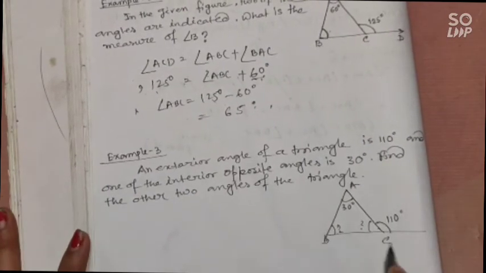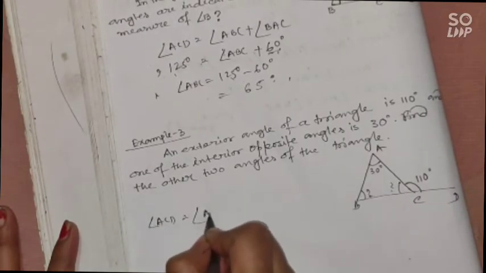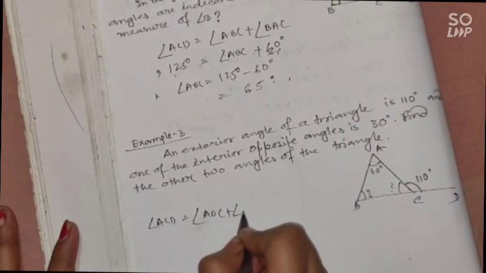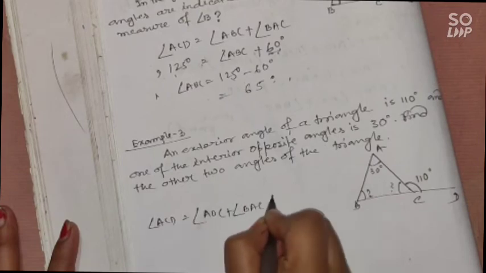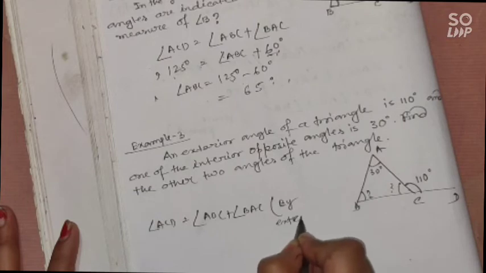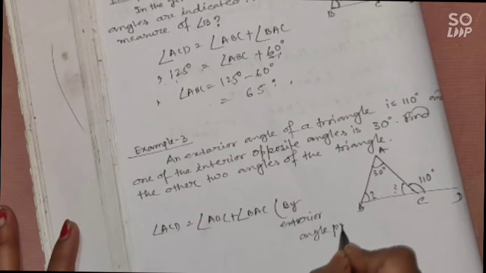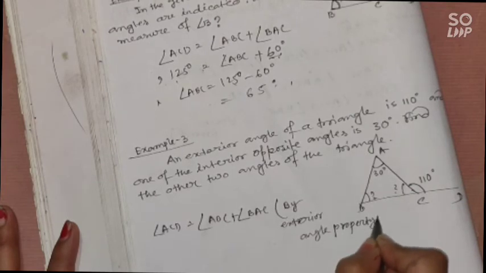A, B, C, D. We know that ACD equals ABC plus BAC by the exterior angle property. You need to write the property name here.